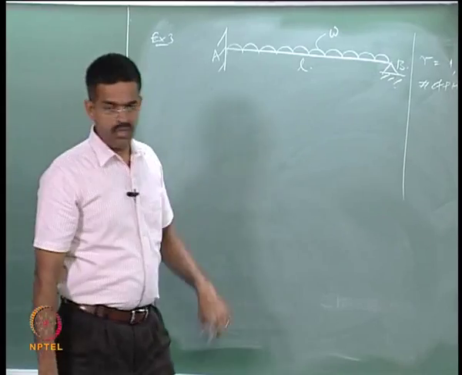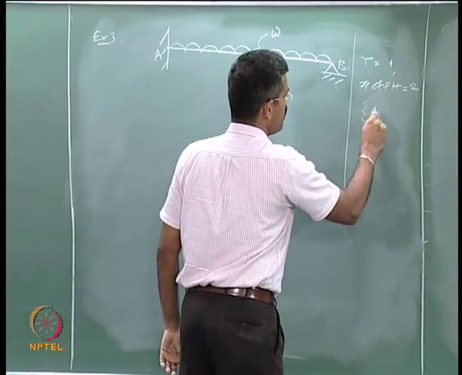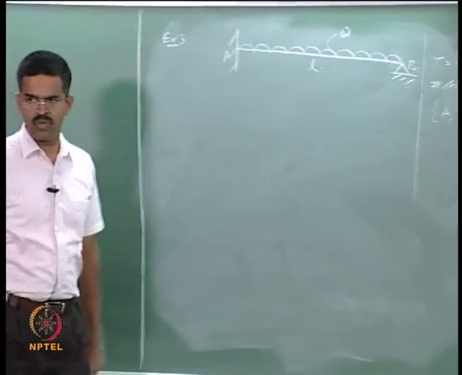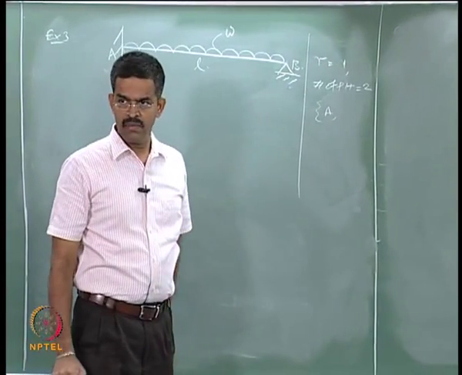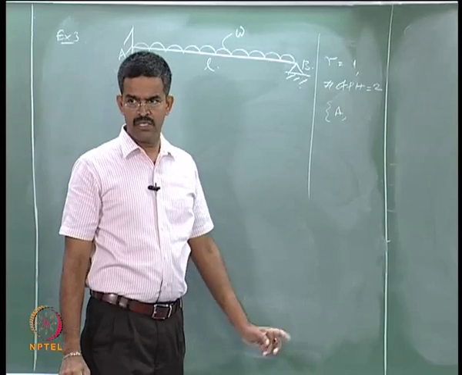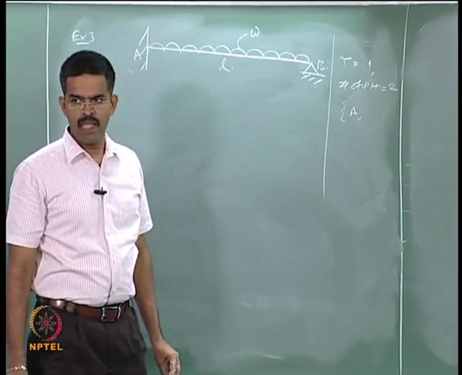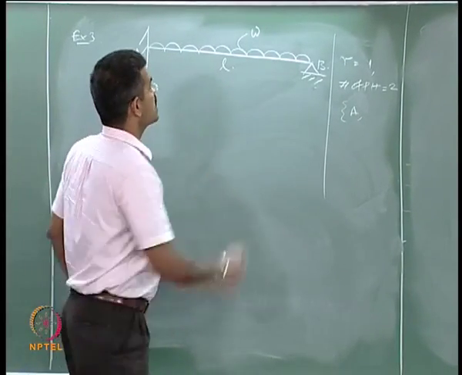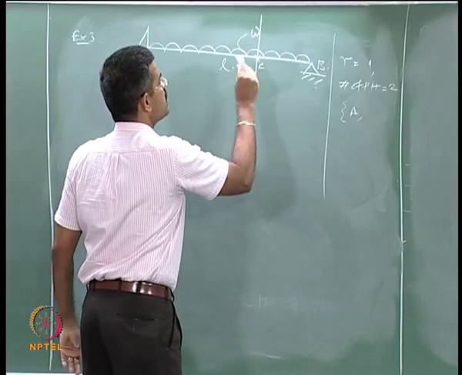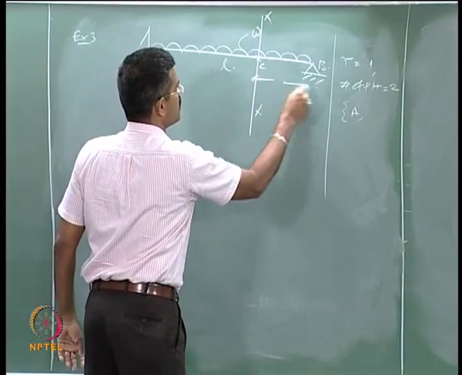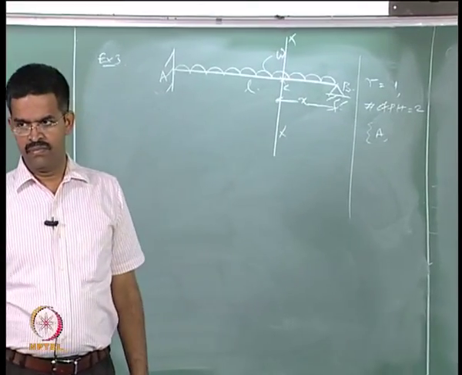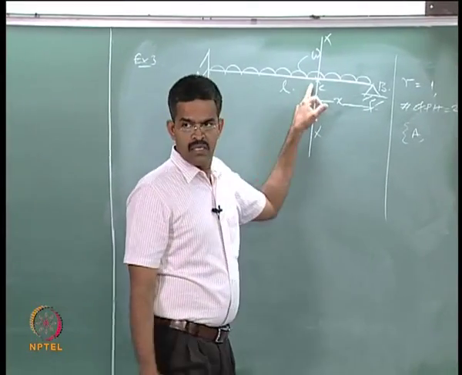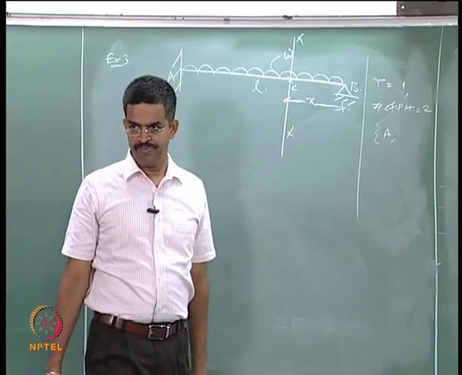Where will they be formed? For sure one will happen at A, no doubt. Can the other one happen at B? Next hinge. Why? Because it is simply supported. So there will be a section C which we do not know where it will occur, because it is the point where the bending moment is going to be maximum.